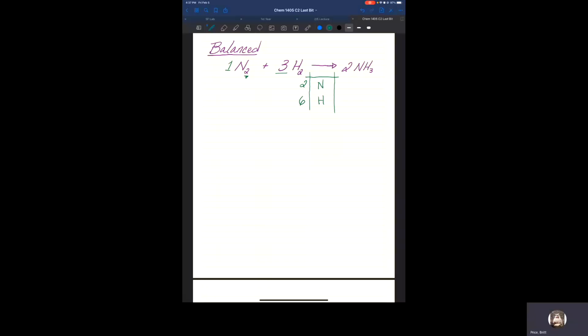So it's telling me that I have N, and then for my 3 H2s, it's telling me that I have H connected to H, connected to H, H connected to H. Each one of these is H2. I have 3 of them.